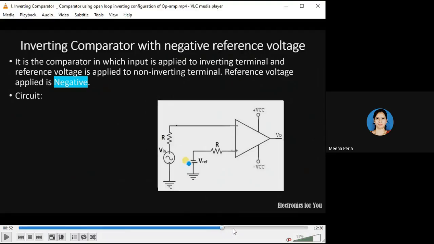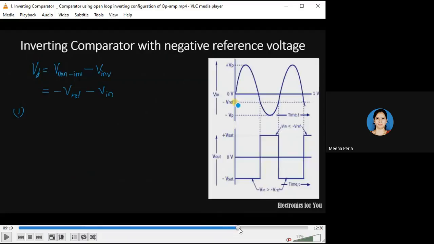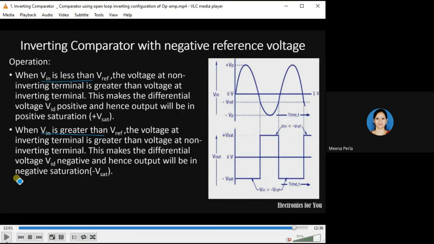Okay. Then draw the waveform with the operation. Draw this operation for this negative reference voltage.